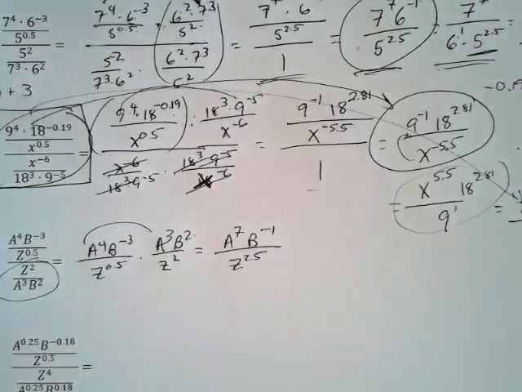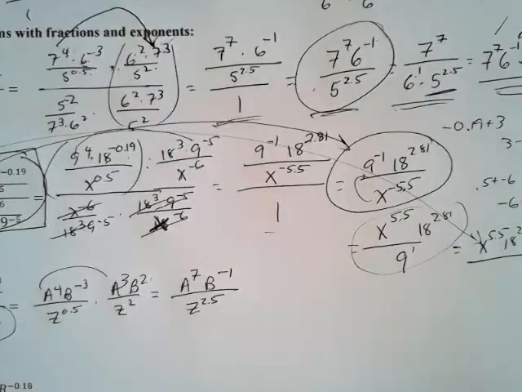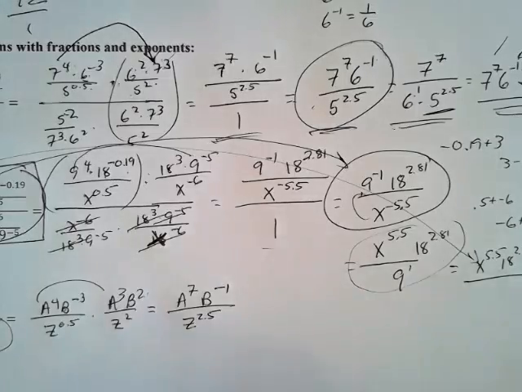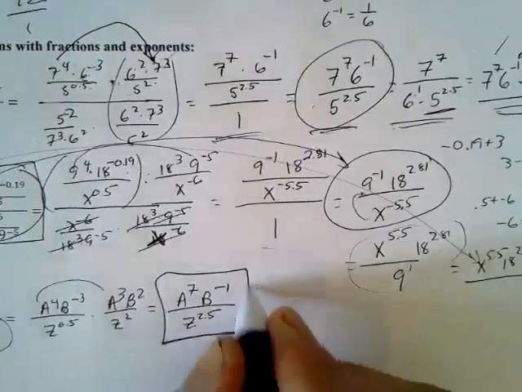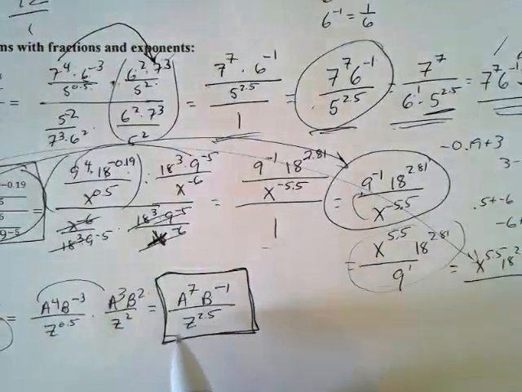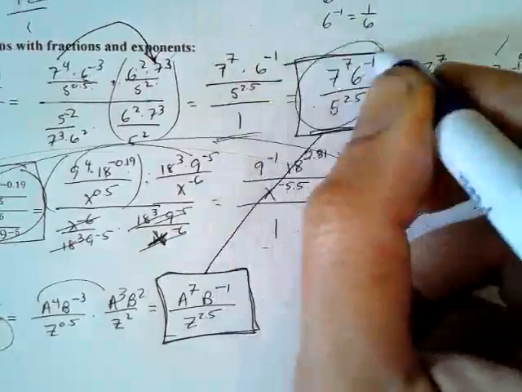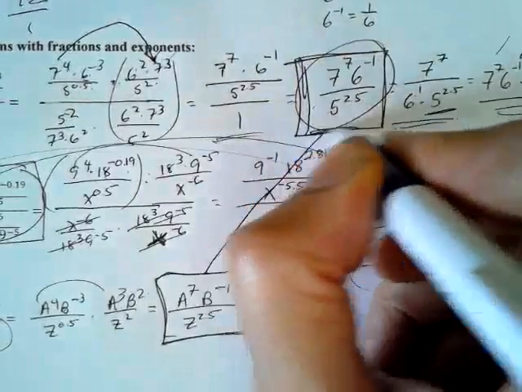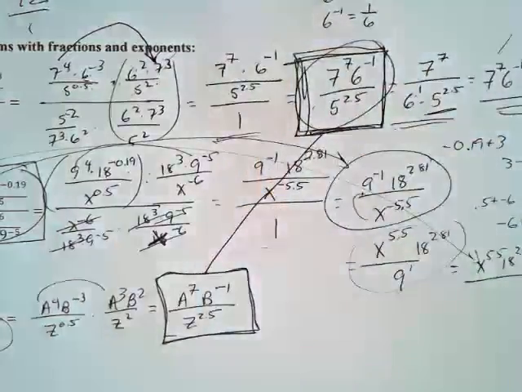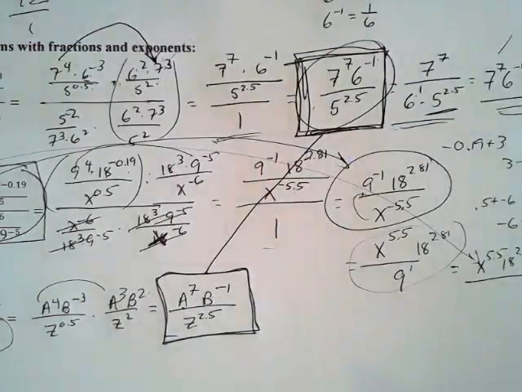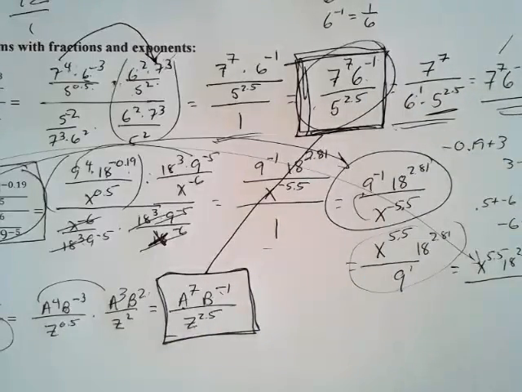And if you look at this, I've tried to do something clever here. This form that has symbols A, B, and Z is identical to the first problem we solved using numbers. Only now A stands in for 7, B stands in for 6, and Z stands in for 5.